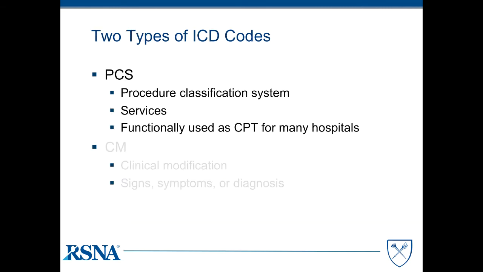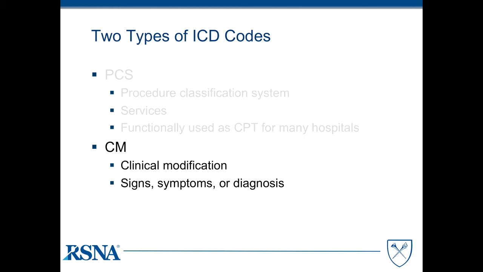Again, there are 2 types of ICD codes that apply to medical billing. We mentioned briefly in the CPT module, PCS, Procedure Classification System. This specific type of ICD codes describes procedures and is used functionally by many hospitals as their surrogate of CPT codes. Since the focus of what we're going to be talking about in this module, though, is physician services, we're going to be focusing on the clinical modification.